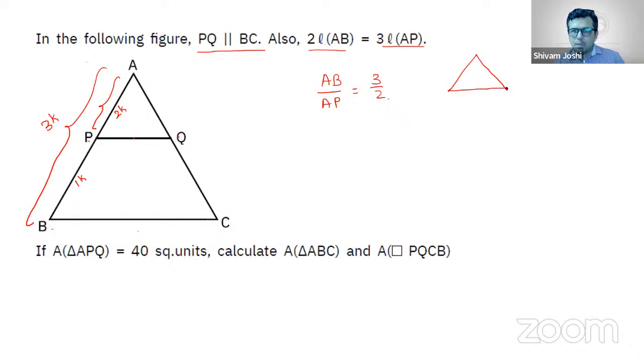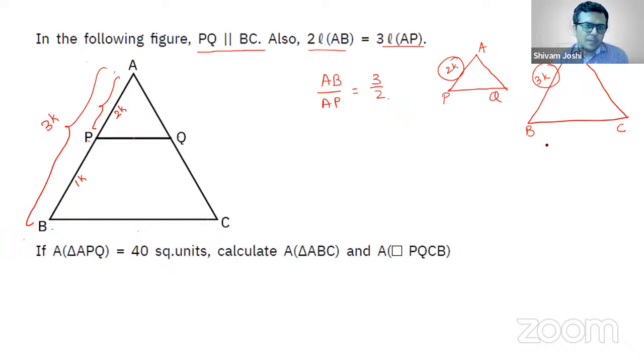So this is your APQ. This is your ABC. Correct? AP is 2K, as you can see, and AB is 3K. So these two respective sides have a ratio of 2:3, and that 2:3 becomes the similarity ratio also, right?